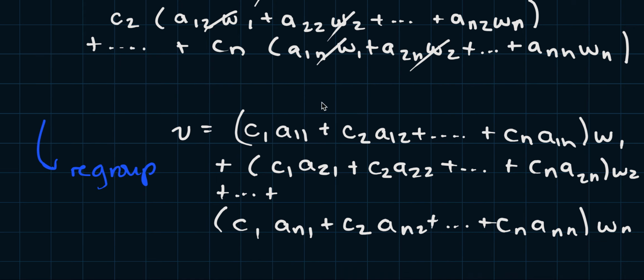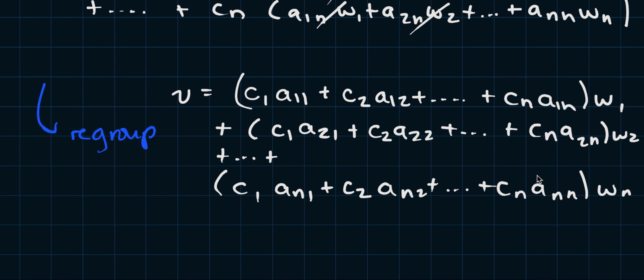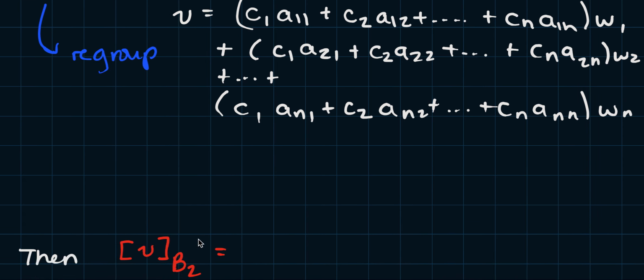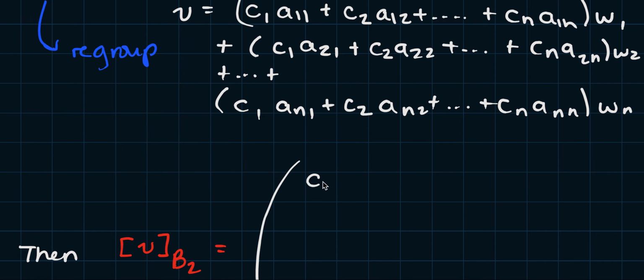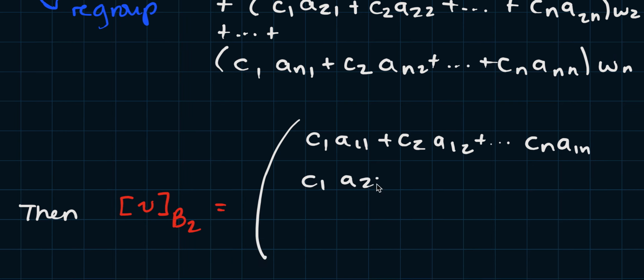And since we regrouped it, now this is V in terms of our second basis. So notice that V in terms of B2 can be written as C1 A11 plus C2 A12, all the way to Cn A1n, and then C1 A21, C2 A22, Cn A2n.